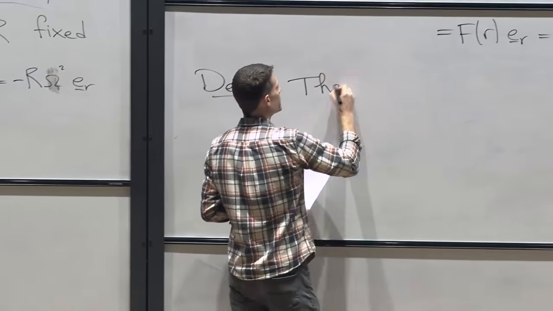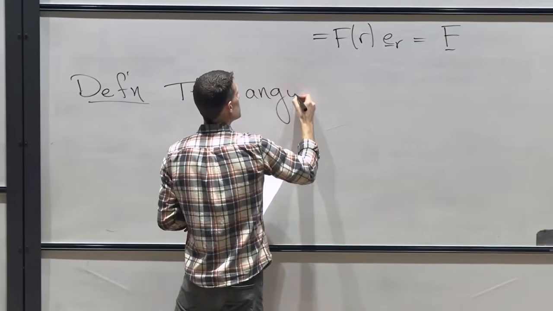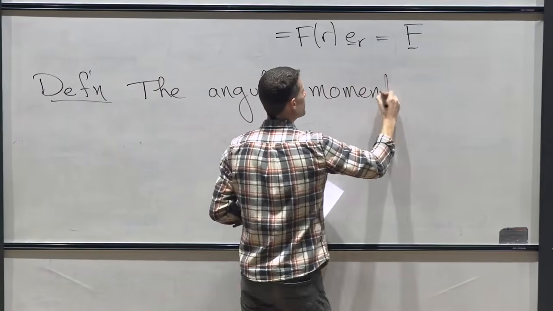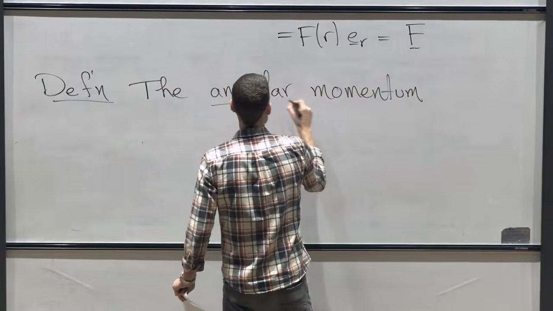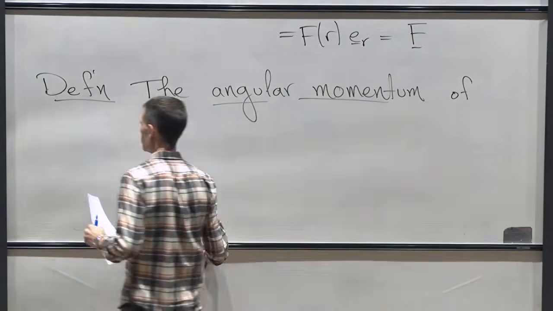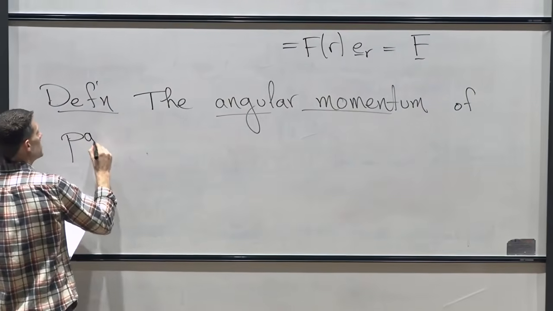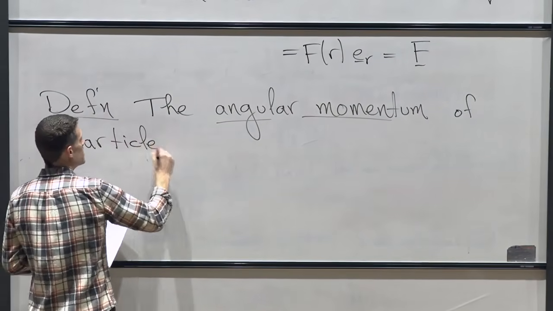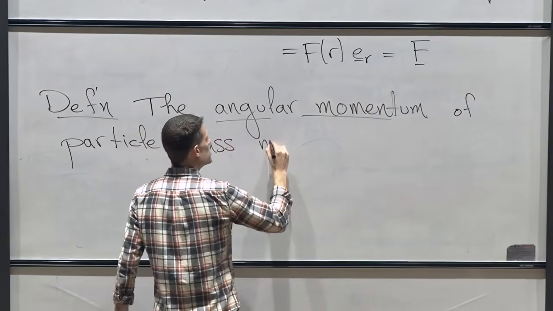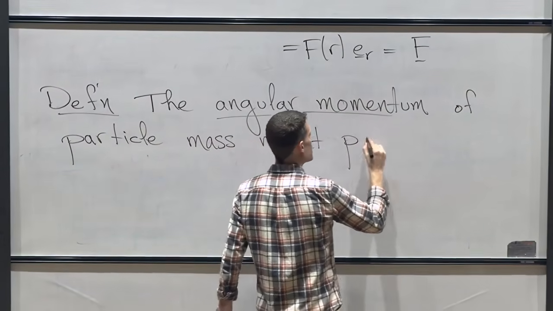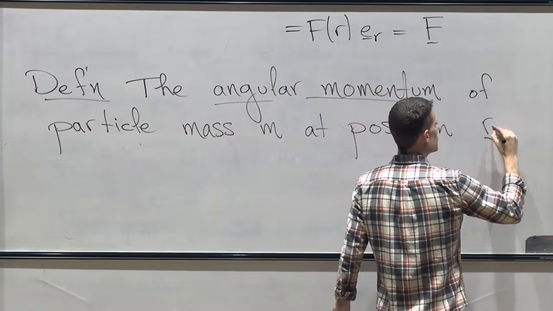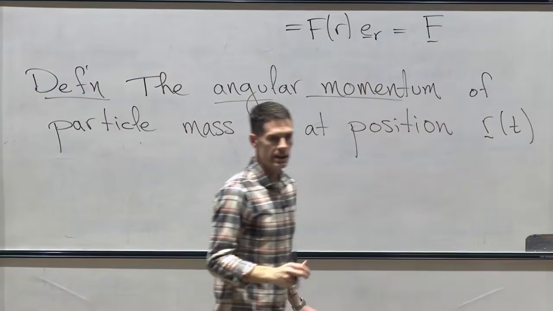So the angular momentum of a particle, let's give it mass m, at position r of t.